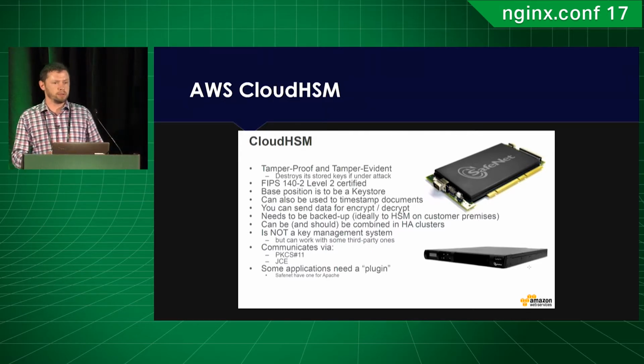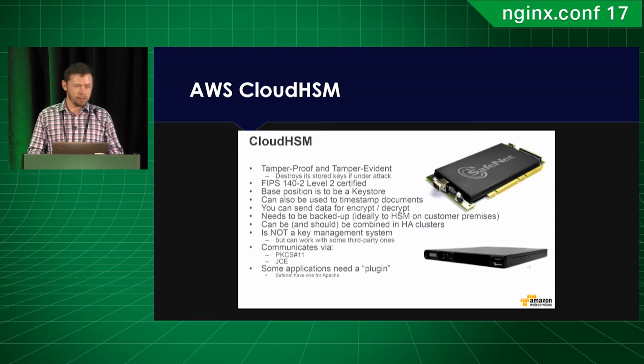And of course, you can use it with NGINX if you just modify the configuration in your NGINX conf and specify the engine for your HSM device, the OpenSSL engine for the HSM device. NGINX does support this, and it should work.